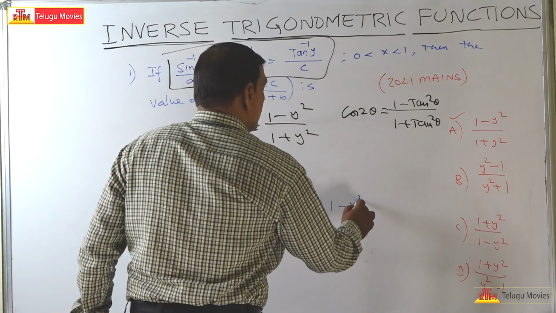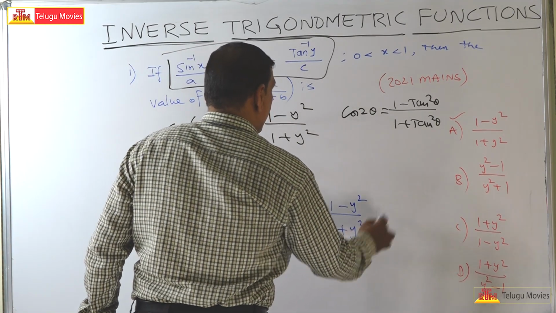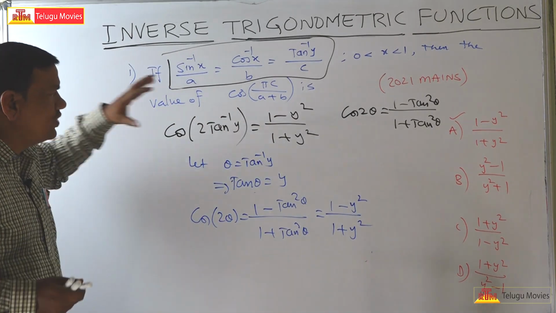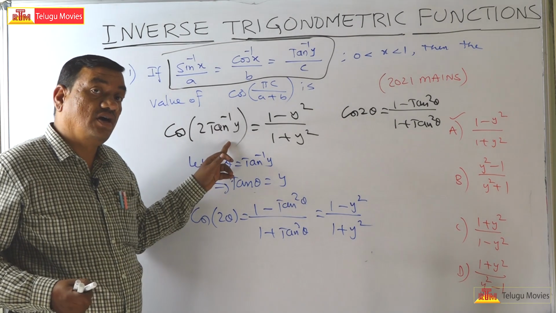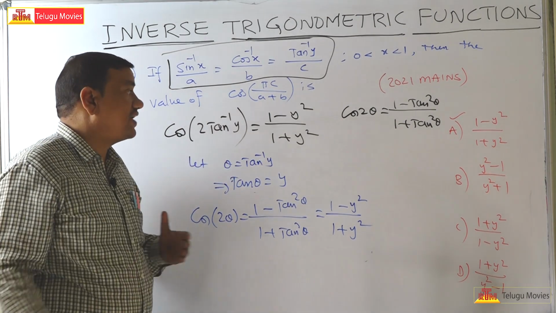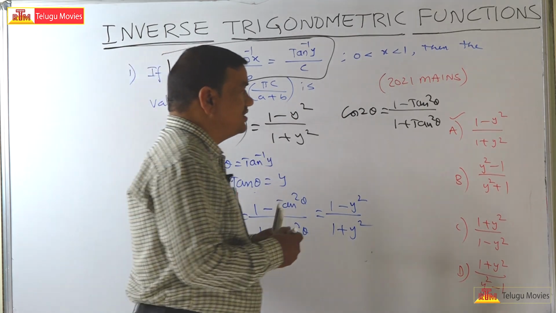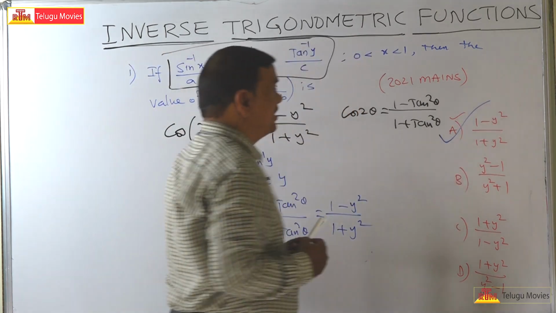So it is 1 minus y square by 1 plus y square. Looking at the problem, cos 2 theta in terms of tan is 1 minus tan square theta by 1 plus tan square theta. So option A is your right answer.